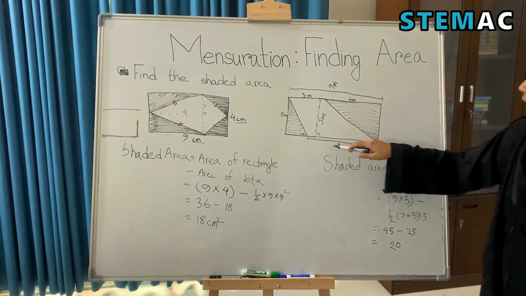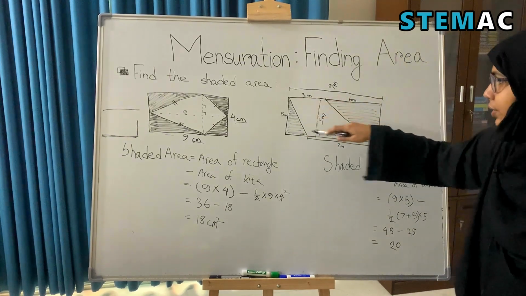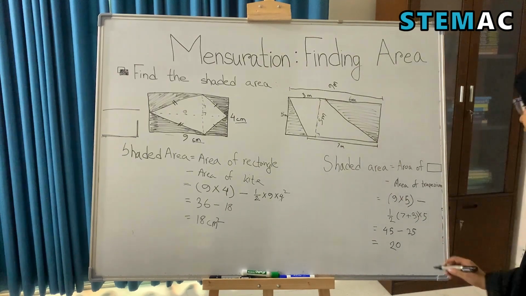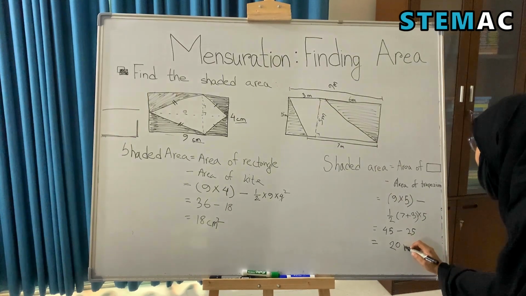As the measurement of the length were in meter, the unit of area here would be meter square.